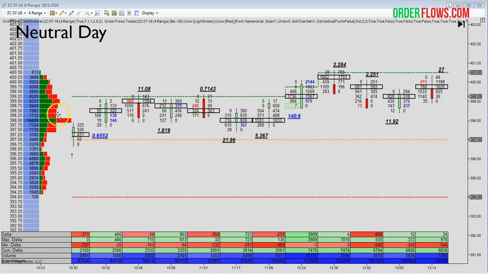So a neutral day looks like this. It looks very similar to a normal day, but you're seeing some buying and selling. Earlier you saw some aggressive buying, you got a couple of imbalances, and boom, you get a big selling imbalance. Here you got a buying imbalance, and literally at the same level you got a selling imbalance.